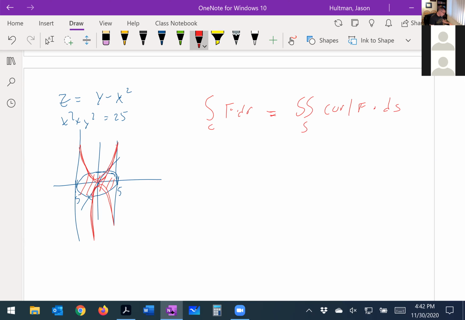It has all these formulas. I just want to make sure I'm using the right formula. Yeah, that's right. Big S.